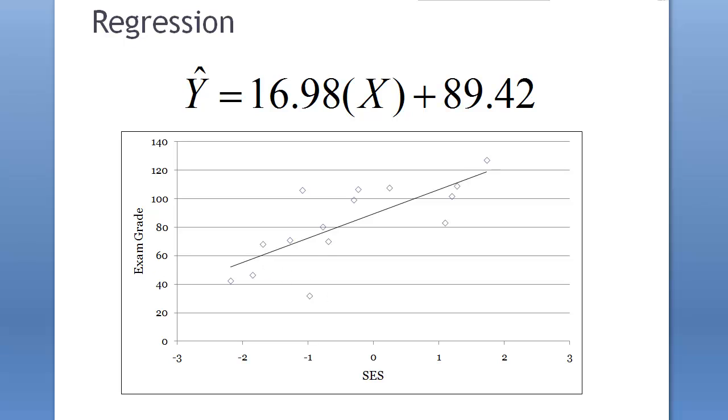And so logically speaking, what is that? That's the residual. Because the expected value is this. Those dots create this line of expected values.